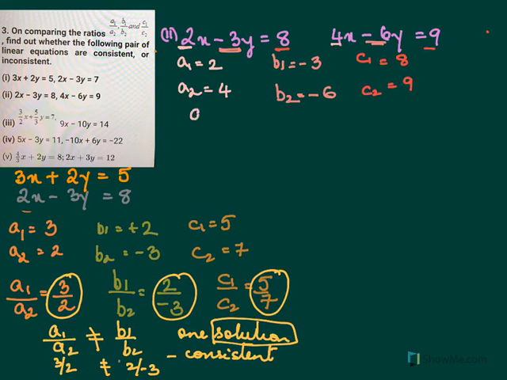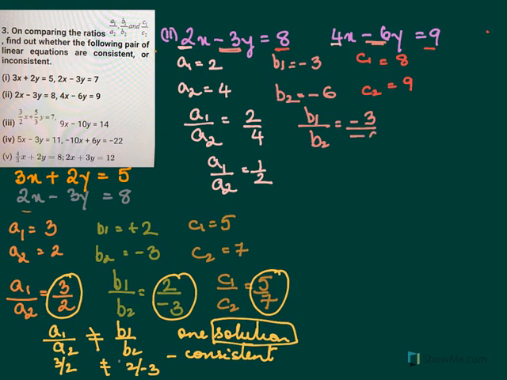So we start with the first. A1 over A2 is 2 by 4, so that is 1 by 2. Then B1 by B2 is minus 3 over minus 6, which is also 1 by 2. And C1 by C2 is 8 by 9.